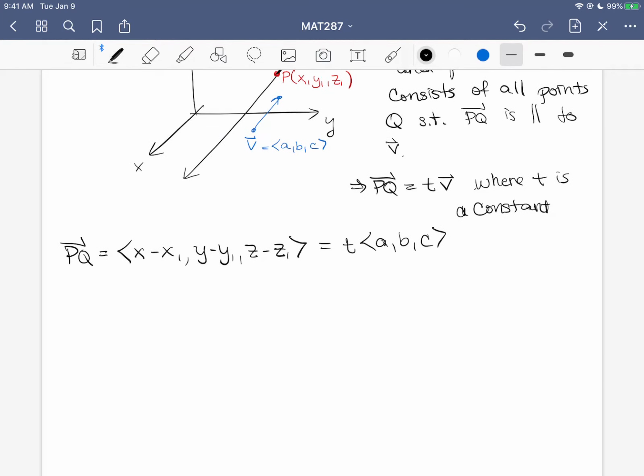So we're going to look at two formulations of the equation of a line. The first is parametric equations. So if you remember from Calc 2, parametric equations, we just give a formula for x in terms of t and a formula for y in terms of t.